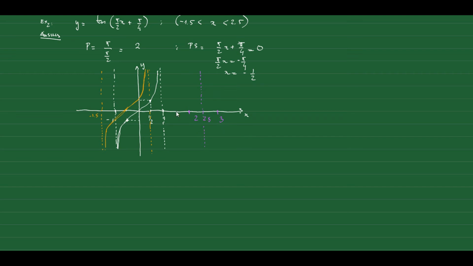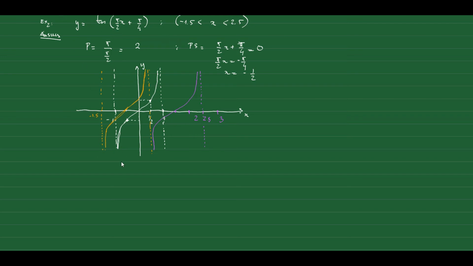So the center will be right over here. Okay, so we have another one. There you go.